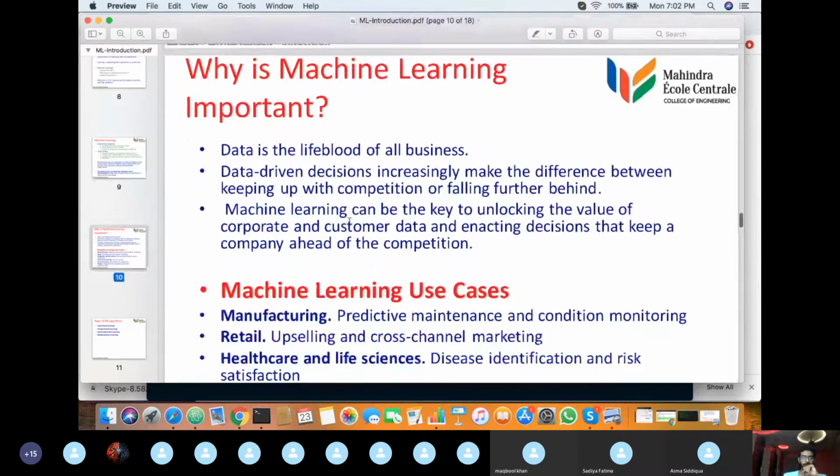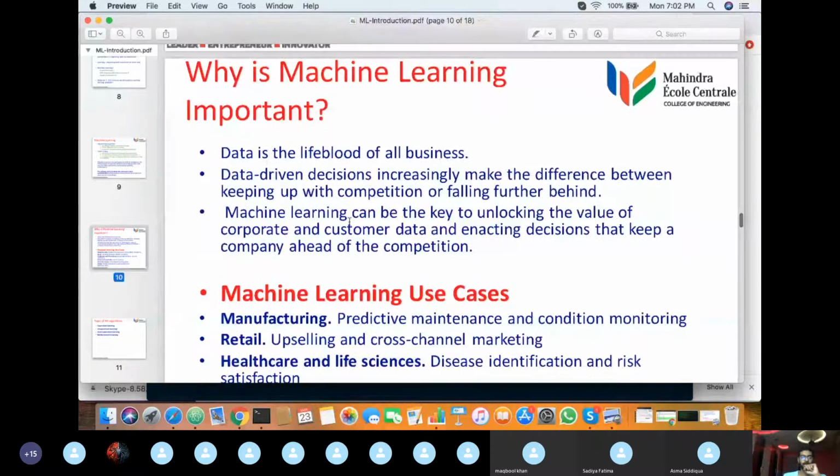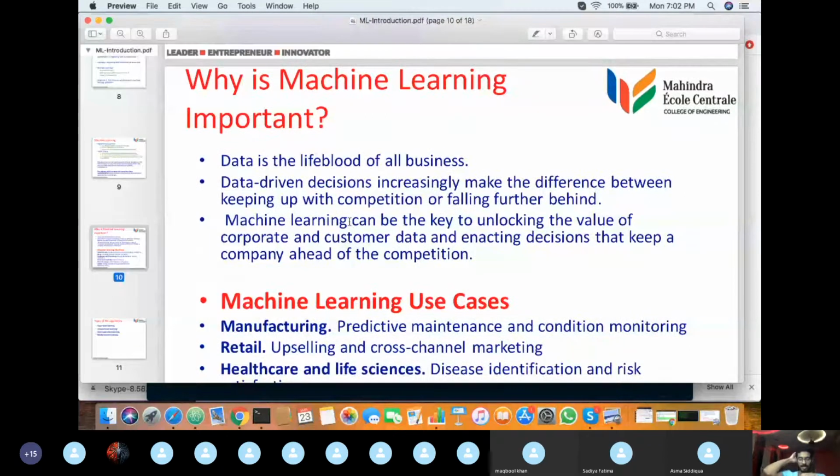Okay. So why is machine learning important? For example, let's take the example of COVID-19. Right now COVID-19 is spreading everywhere through various districts to various states.